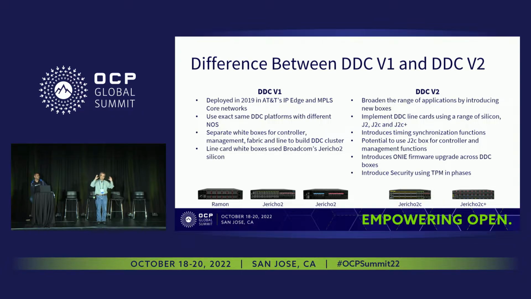V1 is mainly the switching fabric using the merchant silicon from Broadcom, the Ramon chipset, and also the Jericho 2. With the Jericho 2 building the line card, at the time we had the 100 gig line card and the 400 gig line card. Fast forward, we introduced V2 with a couple of new members, namely the more advanced version of the J2 chipset called the J2C+.